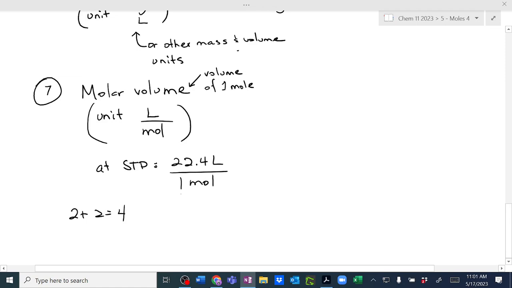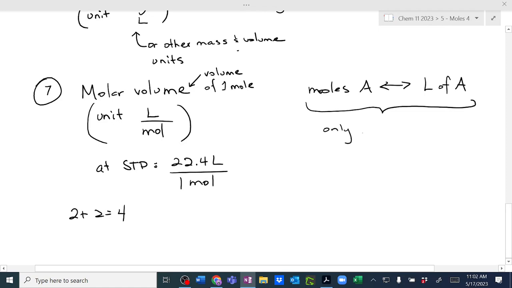Okay. So what do we use that to convert between? Moles of A and liters of A. But this is only good for what type of substances?